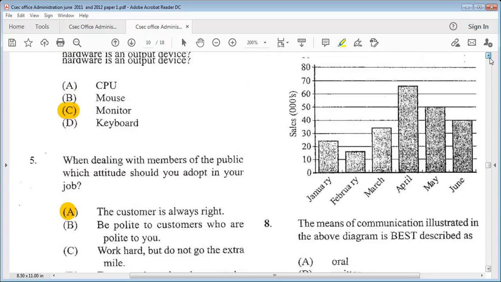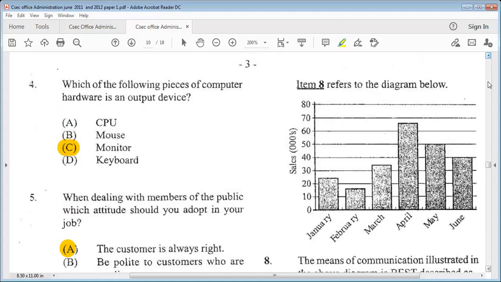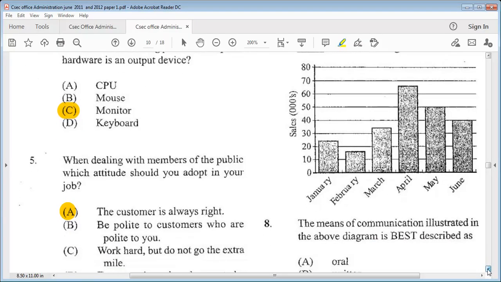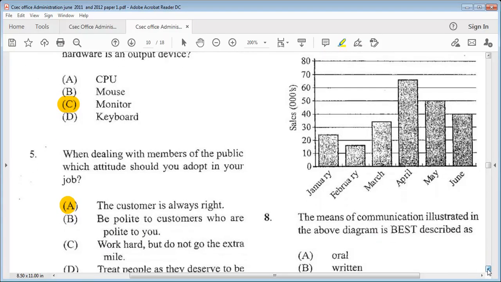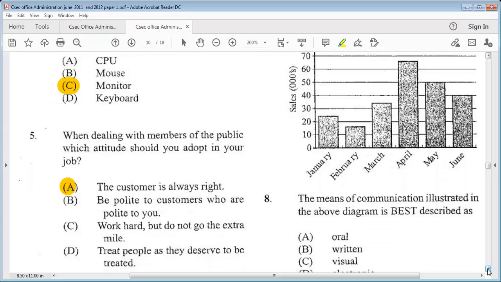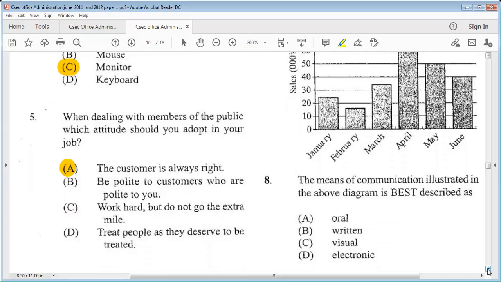So here we have a diagram. We see the months of January through to June, and we see the scales. All right. Let's look at question 8. It says, the means of communication illustrated in the above diagram is best described as A, oral, B, written, C, visual, or D, electronic.